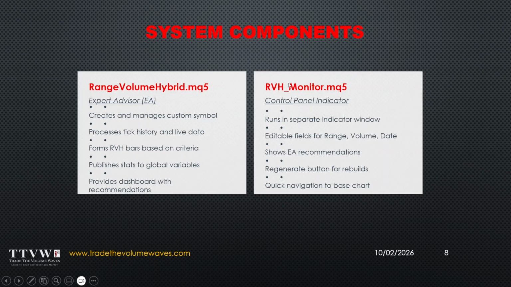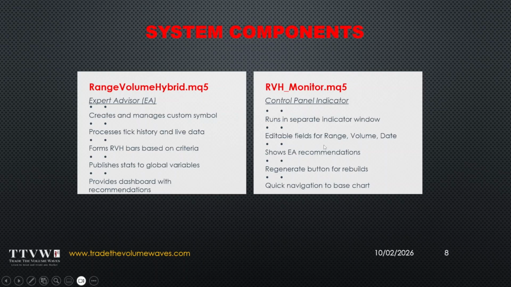On the other side, we have the monitor, which is where we control the EA. It runs on a separate window directly on your custom chart. So you can edit from there either the range, the volume, or the start date that your EA will work.